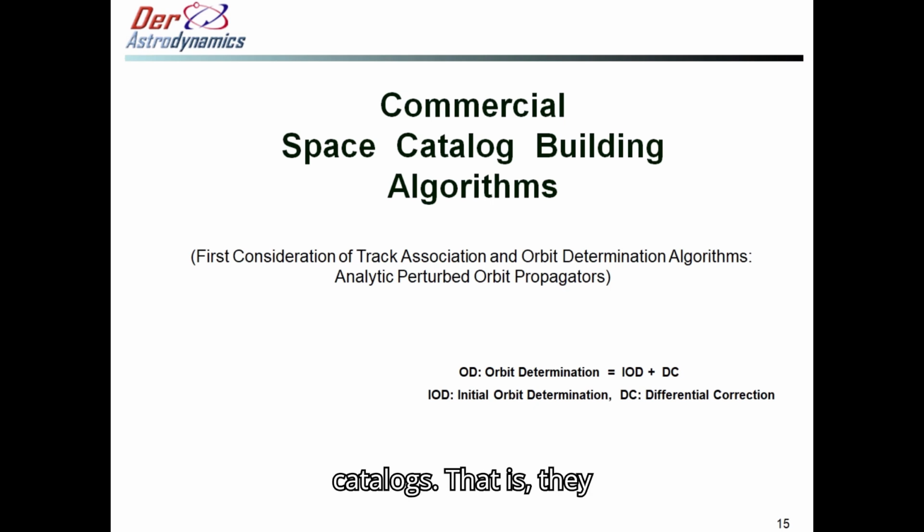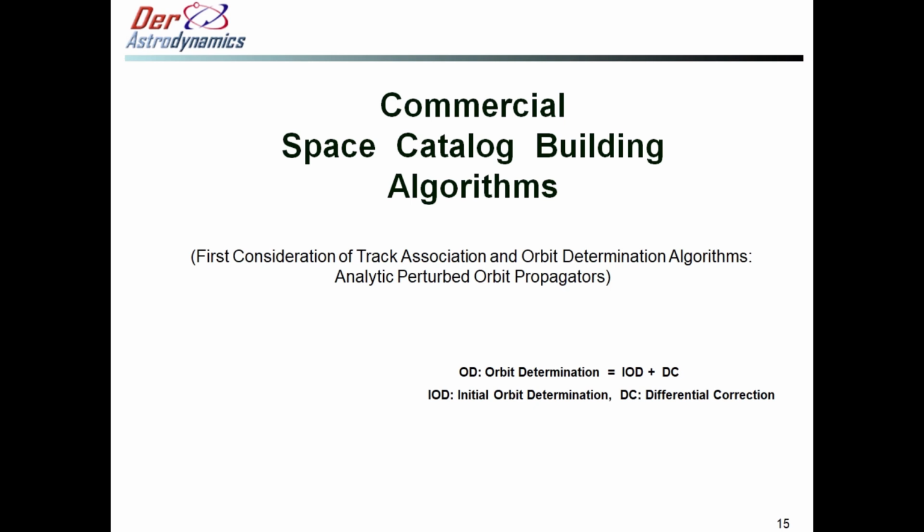That is, they converted the accurate state vectors in the SP into mean orbital elements in the TLE. It is well known that this conversion is not robust, and SGP4 has singularities, in turn making automatic catalog building difficult.